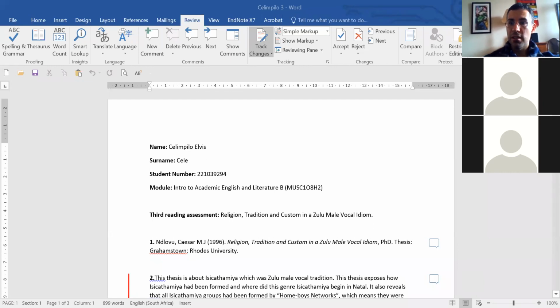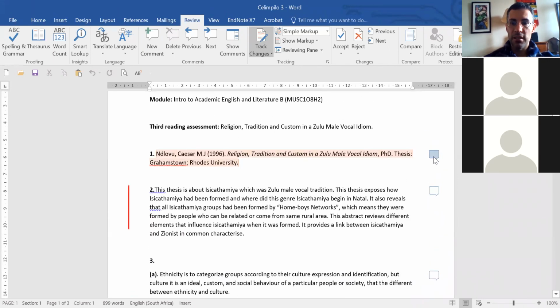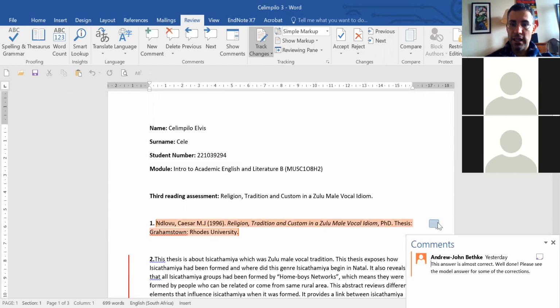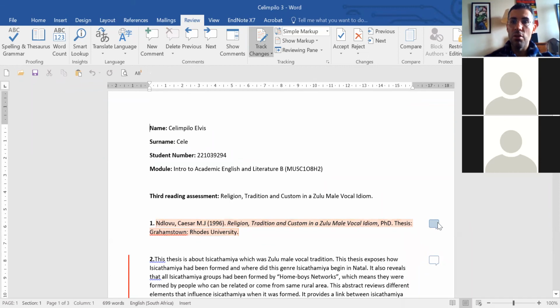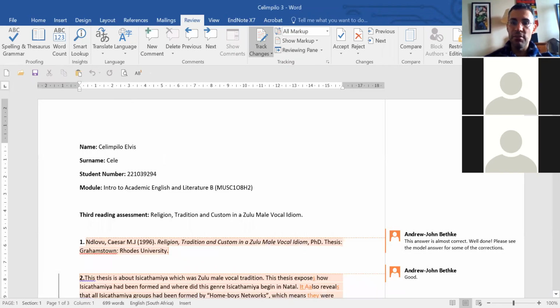When you open it, you will see probably what looks like this, with these little comments over here. If you want to see the comments, you can click on it like that, and it will show you the comment, or you can go up to the top of the page here. Do you see where it says simple markup here? If you click on that little arrow and you select all markup, now you will see everything that I've done.